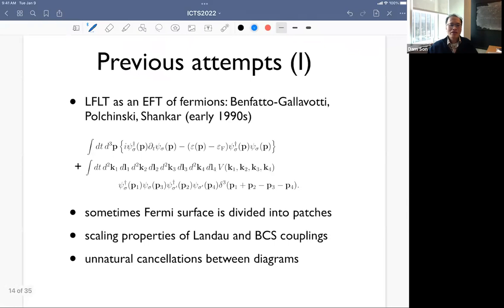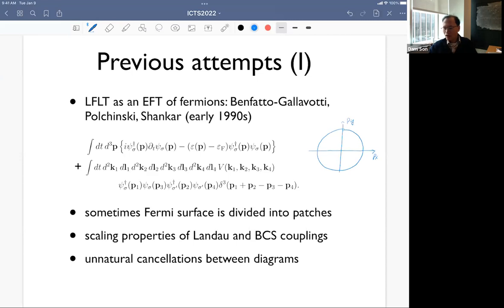There have been previous attempts to understand Fermi liquid theory as an effective field theory. A direct way would be to take an original theory of fermions and imagine integrating out all the degrees of freedom except those near the Fermi surface.